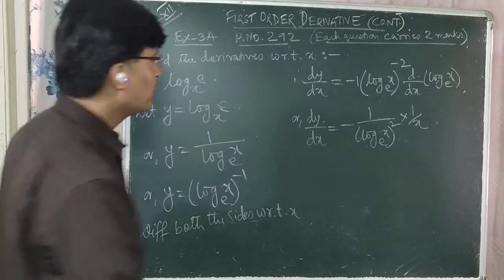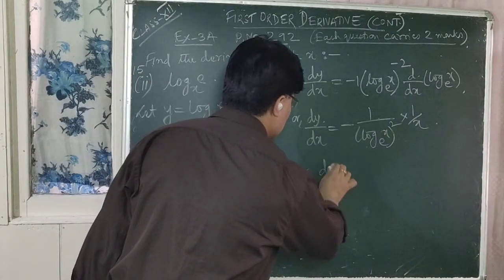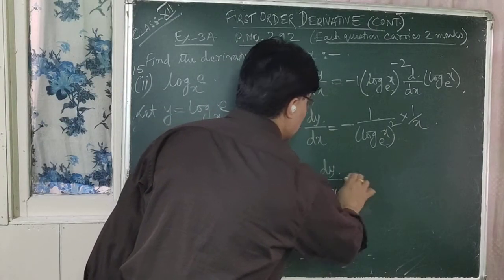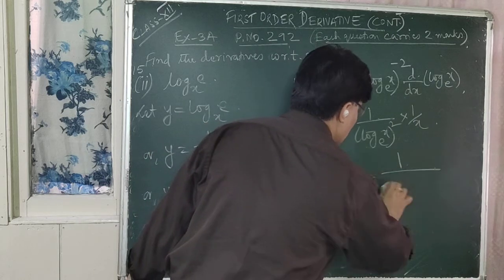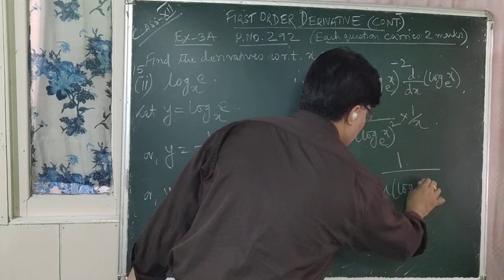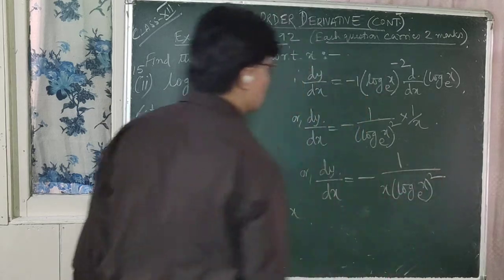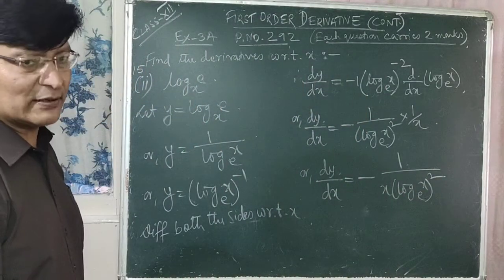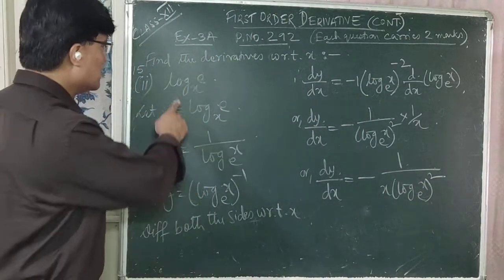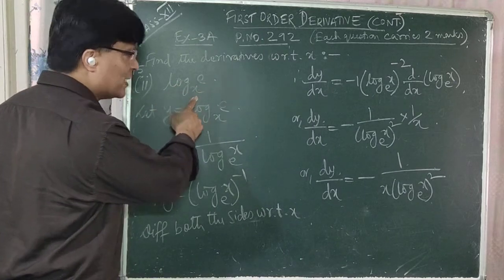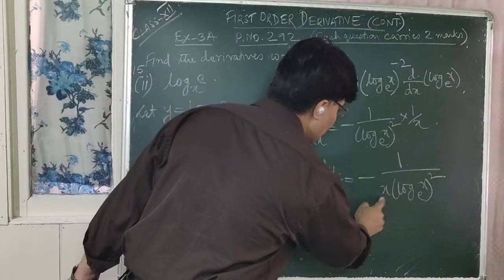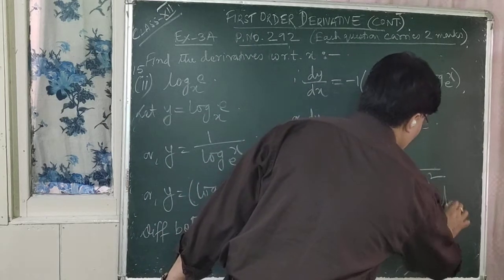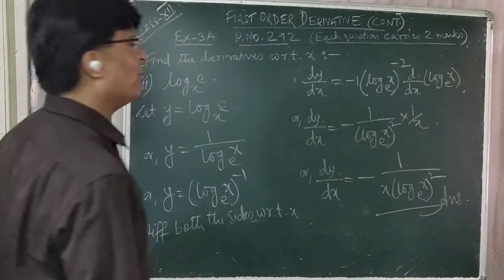Is that clear? So dy by dx is equal to minus 1 upon x into log x base e whole square. So this is the final answer, right? So what is the differentiation of log e base x? It is minus 1 upon x into log x base e whole square. So this is your final answer.